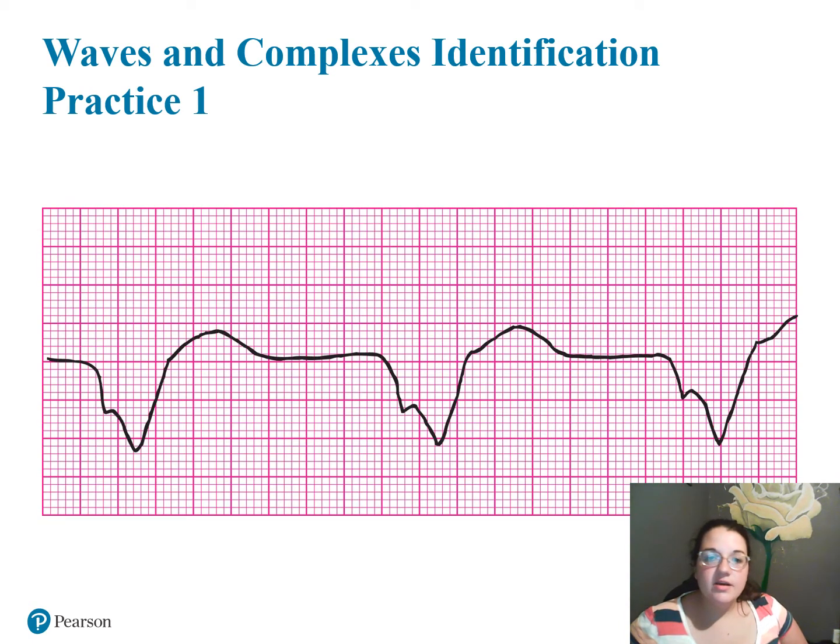So here we're going to see your QRS right here, and here is your T, and here is your P wave hidden. Okay, so you notice it's not that perfect looking rhythm that we've been talking about.